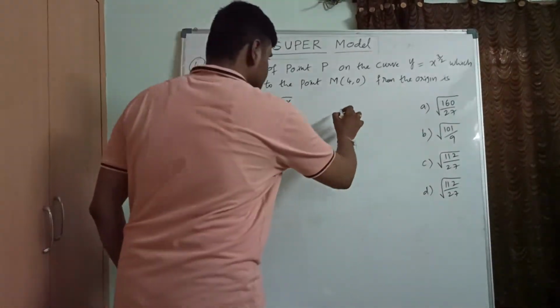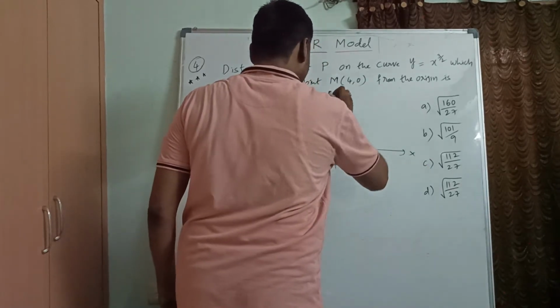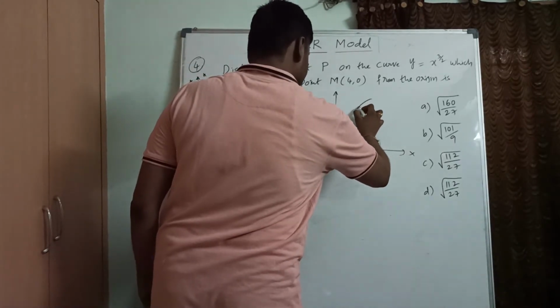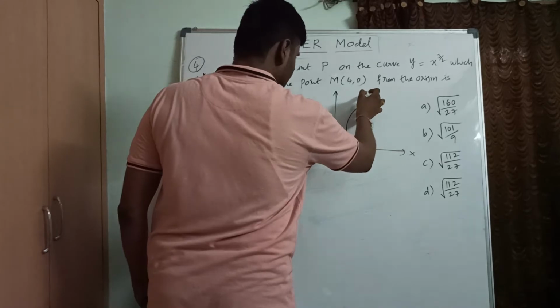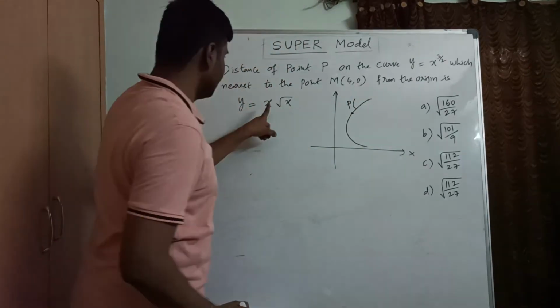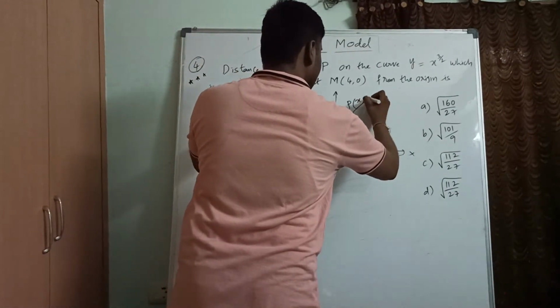Okay, so it's very easy. When can we say one point is near to that one? See, this is the curve, right? Now one point is there. What is that point? Let us take x comma x power 3 by 2. Correct or not?